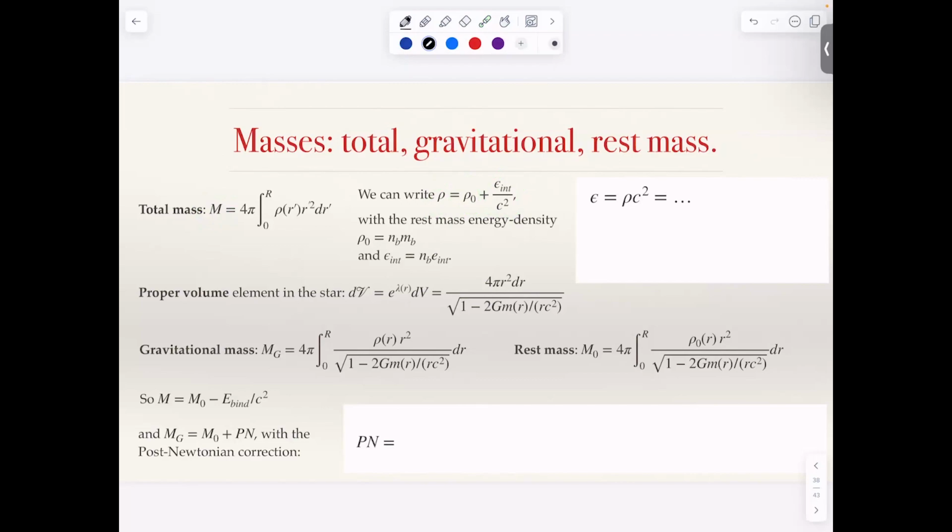So you remember this relation: an energy density epsilon is equal to a mass density times c square, and rho is decomposed in terms of rho zero, which is the rest mass density, times c square, plus the internal energy divided by c square, times c square.